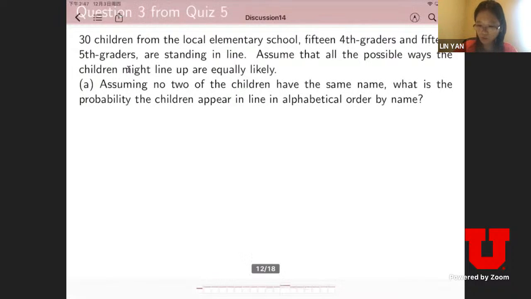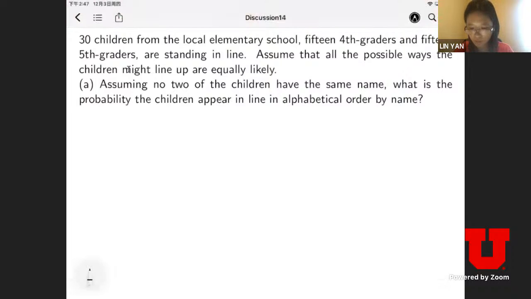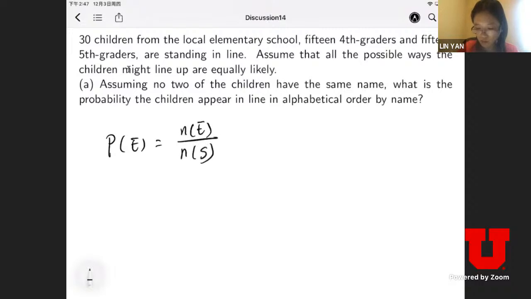For the first part, we need to calculate the probability that the children appear in line in alphabetical order by name. P(E) is equal to N(E) over N(S), where S is the sample space.